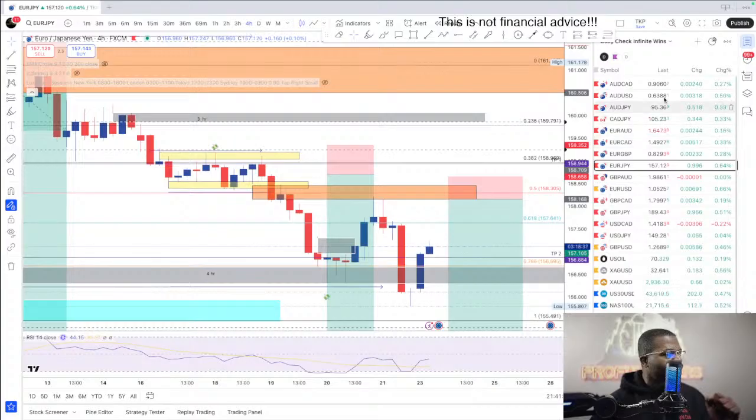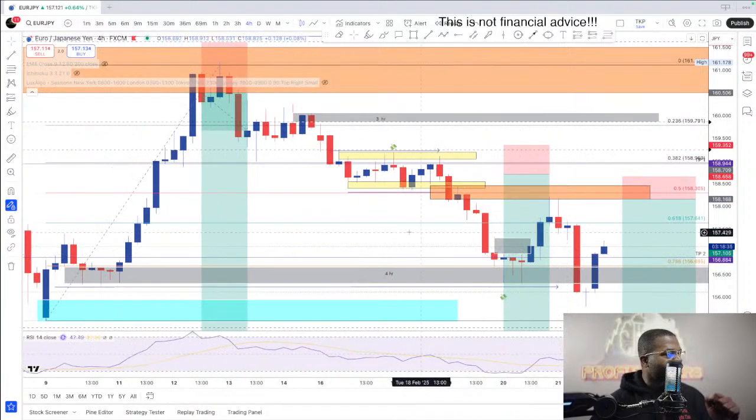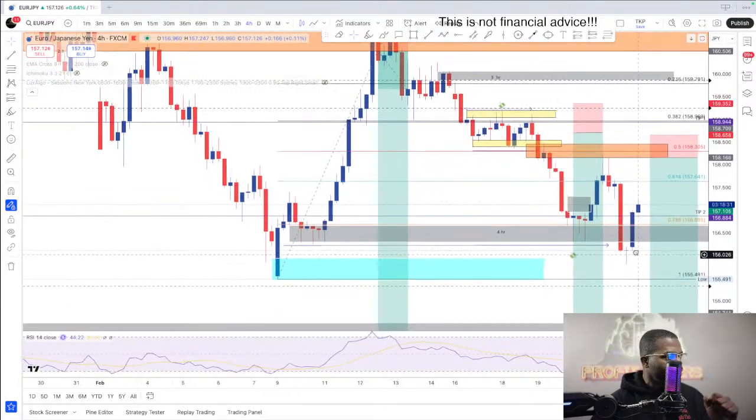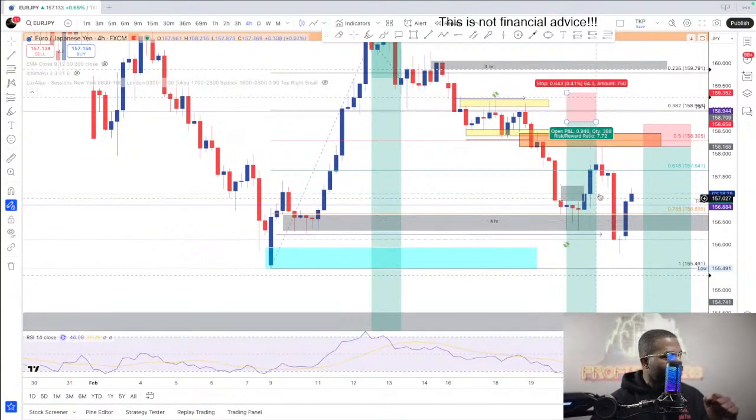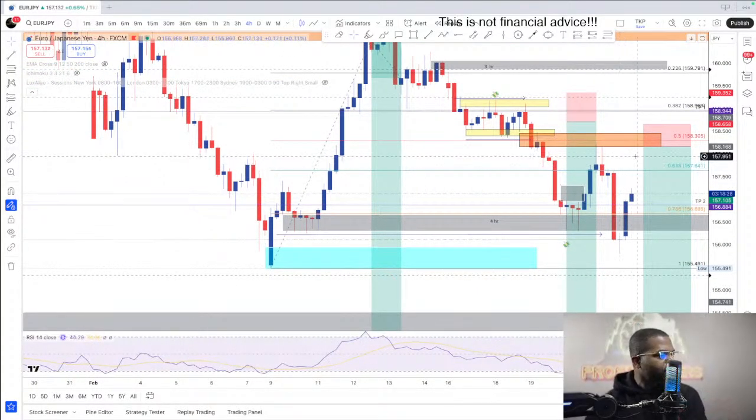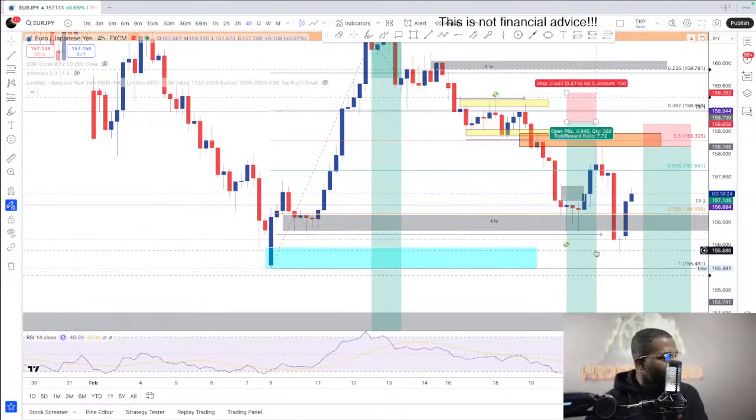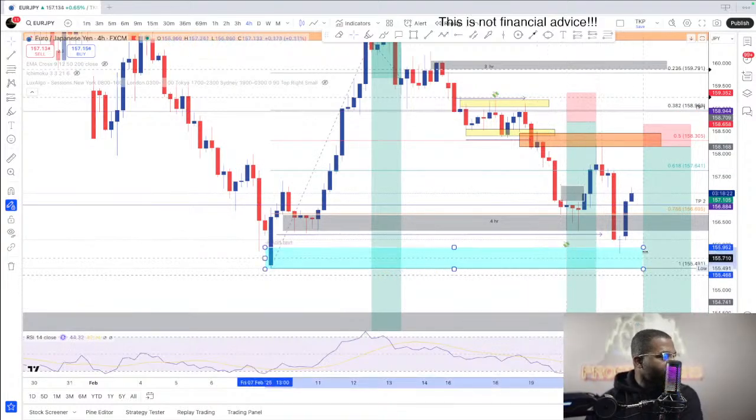Euro JPY, we got a beautiful sale on Euro JPY as well. Now with Euro JPY, I honestly thought we had a little more room in this sale.